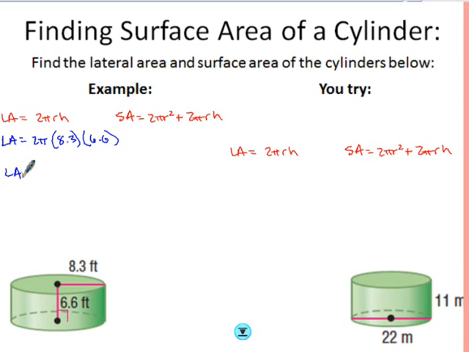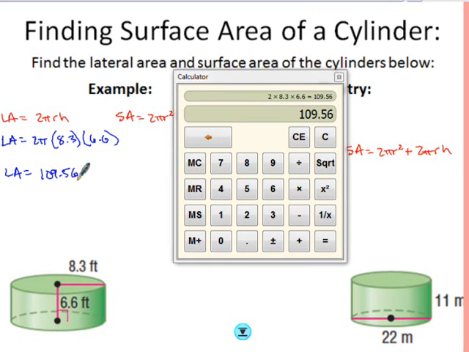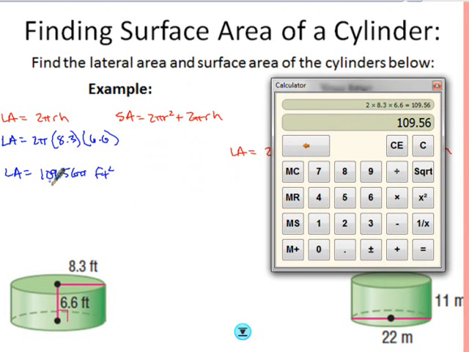Okay, so lateral area equals, and I'm just going to do all of this in my calculator, 2 times 8.3 times 6.6, and I get 109.56 pi feet squared. Okay, and then surface area, we're going to take that number, 109.56 pi, and just add to it, because that's this.